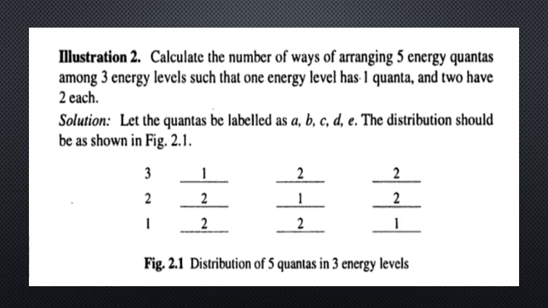This is the second way, where there are 2 in the first energy level, 1 in the second, and 2 in the last. And this is one more way to distribute the quanta. So figure 2.1 shows the distribution of 5 quanta in 3 energy levels.